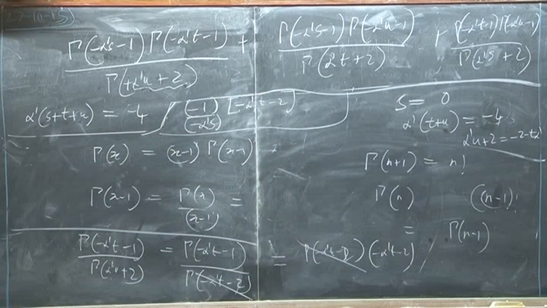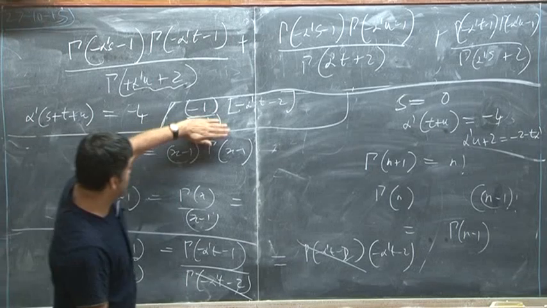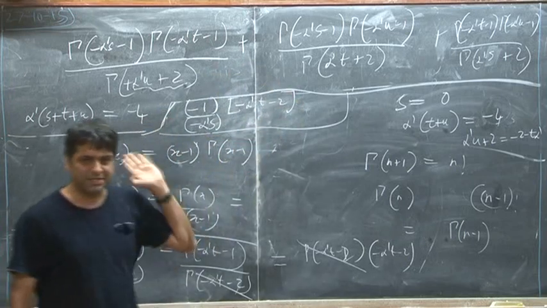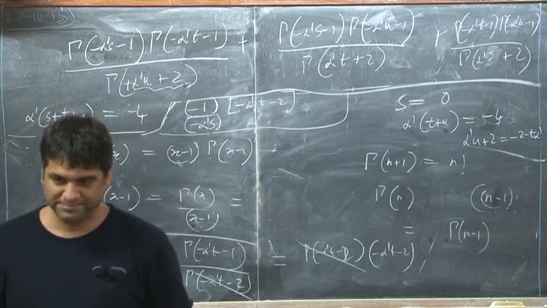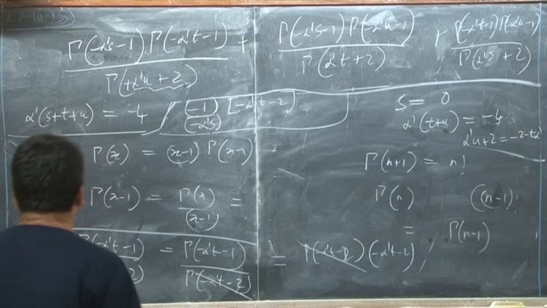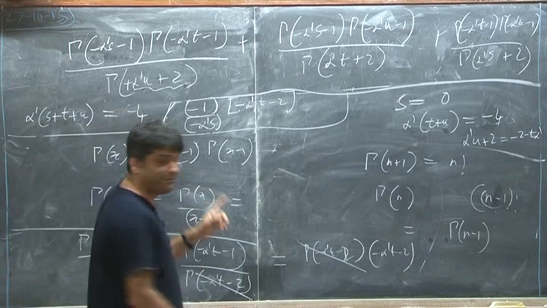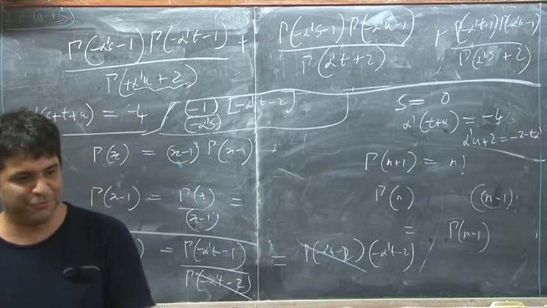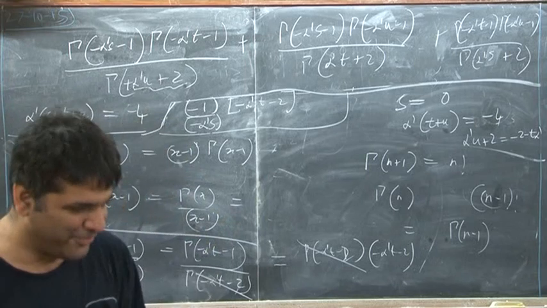This was the singularity, and this was the residue of that singularity. The -1 was because we found that gamma of -1 was minus gamma of 0, which had the 1 by x.